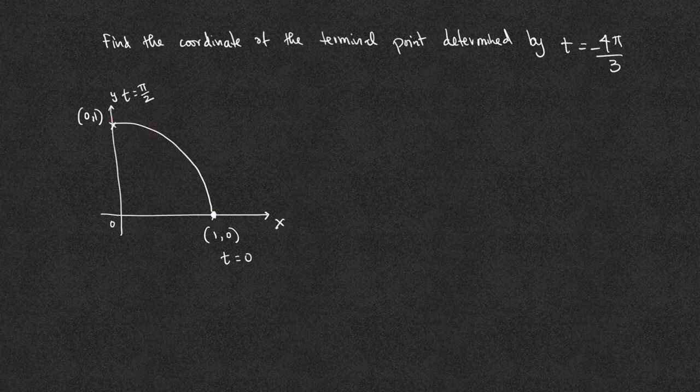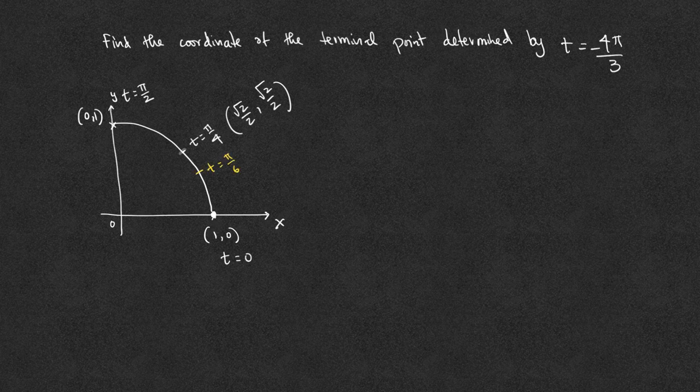Half of this distance is pi over 4. It has the coordinate root 2 over 2, comma root 2 over 2. And a third of the distance from (1, 0) to (0, 1) is pi over 6.